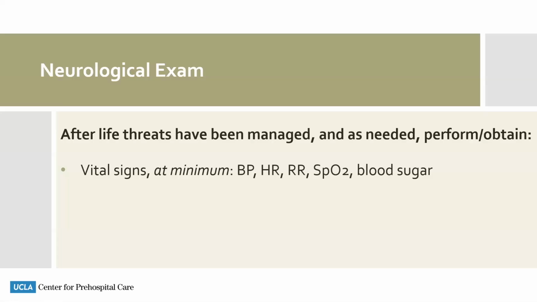If we have a patient who is altered, then we need to know what their blood sugar is, okay? Because if their blood sugar is low, it could be as simple as giving them D10, dextrose 10%, right? That's great. I hope that's all it is. But at least we're going to get their vital signs.